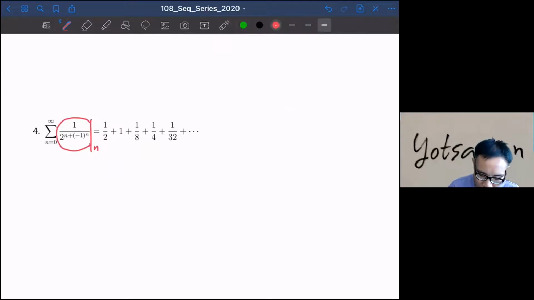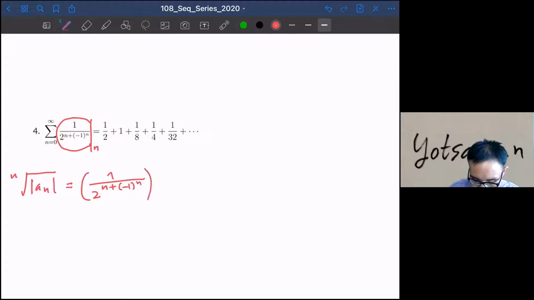So you're going to consider the absolute value of a_n, which is 1 over 2 to the n plus negative 1 to the n, raised to 1 over n. This one turned out to be transforming into our nth root test.